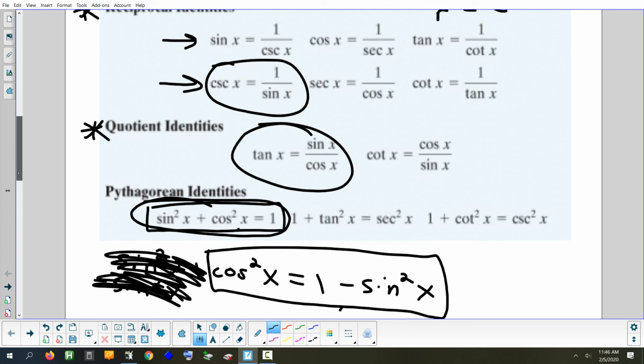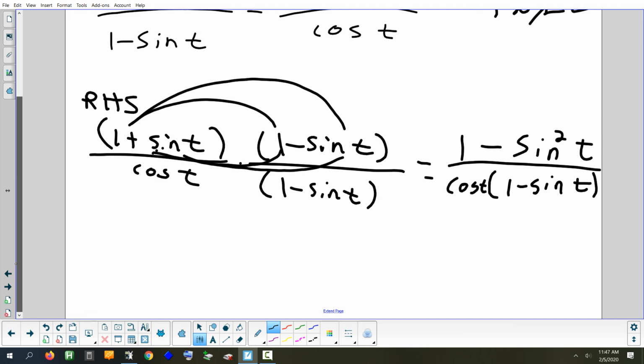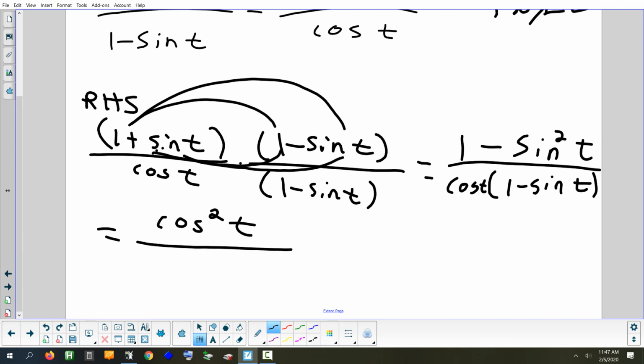Is that equal to anything? The first identity. Okay, so something about the first identity you can use to help you. The first identity says sine squared plus cosine squared equals 1. That's not exactly what we have, but 1 minus sine squared equals cosine squared. So let's write that down. Now 1 minus sine squared turns into cosine squared. Keep the bottom exactly the same.